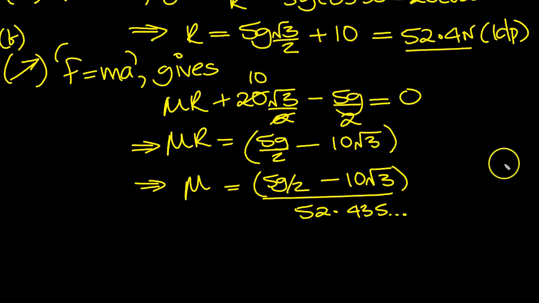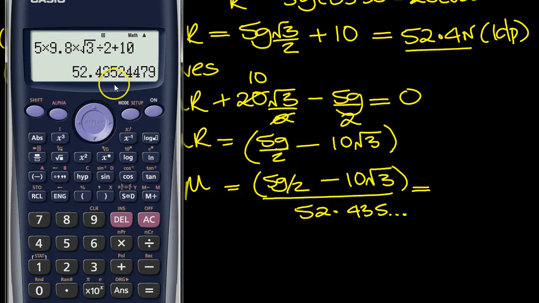Okay, so mu is equal to then, so let's keep that in the calculator under answer, isn't it? So we'll keep that under ans, and we'll go for 5g over 2, 5 times 9.8 divided by 2 minus 10 times the square root of 3, that's the top number, divided by, oops, I pressed equals, 52.435, got it there.